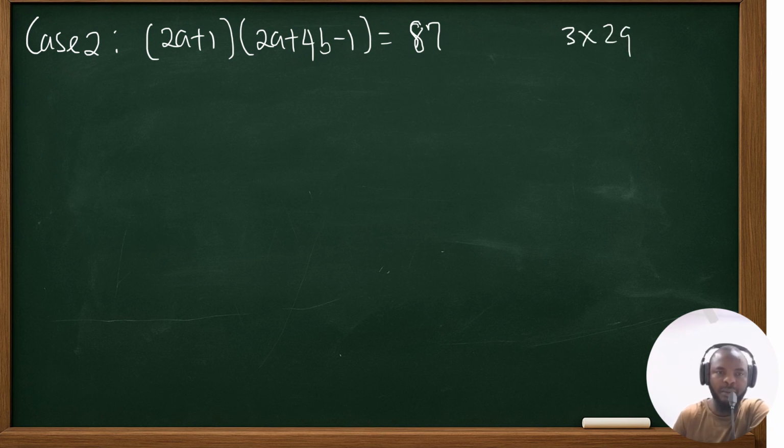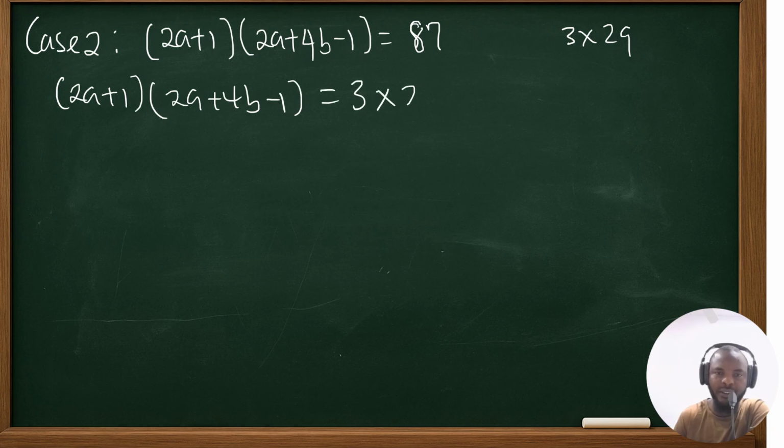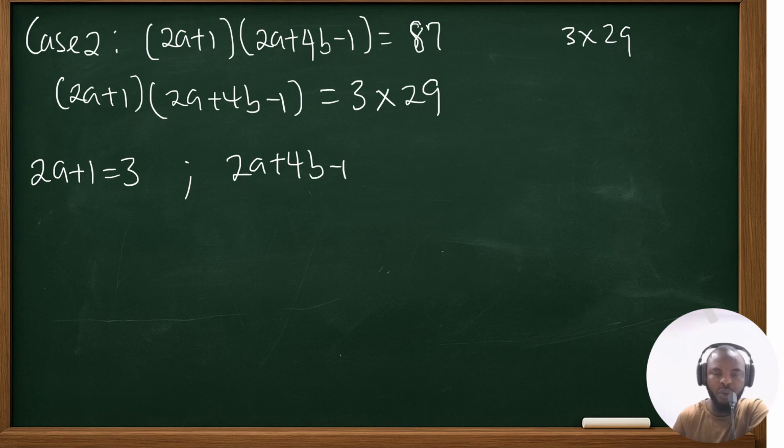So I'm going to do the same. Here we have 2a plus 1, 2a plus 4b minus 1 equals 3 times 29. So for the first condition, 2a plus 1 equals 3, and 2a plus 4b minus 1 equals 29.